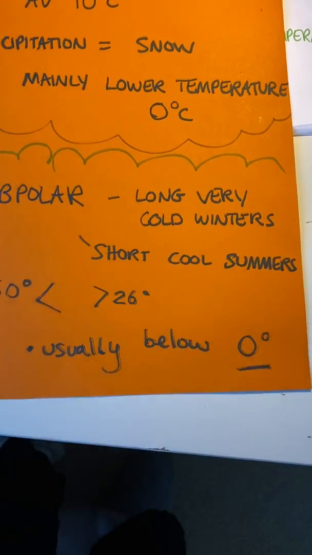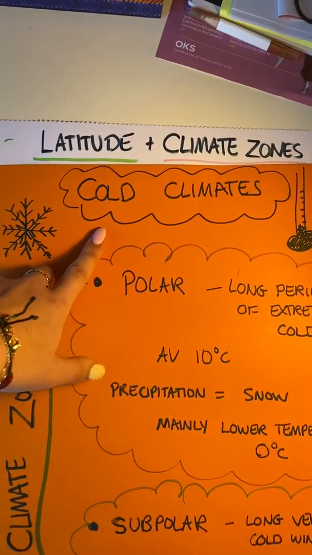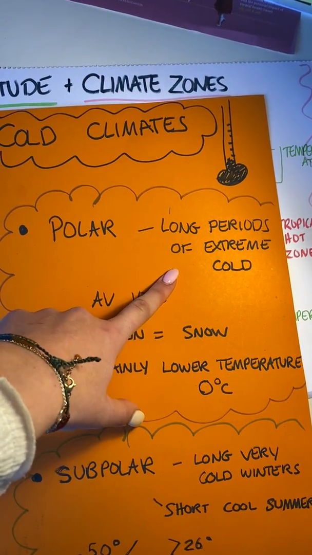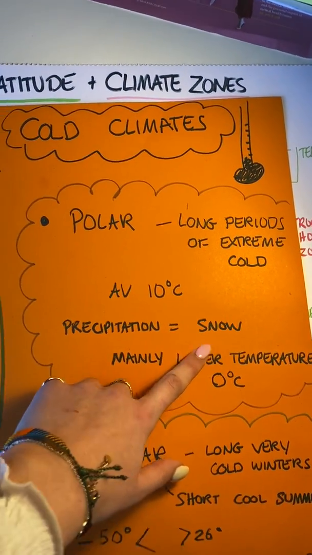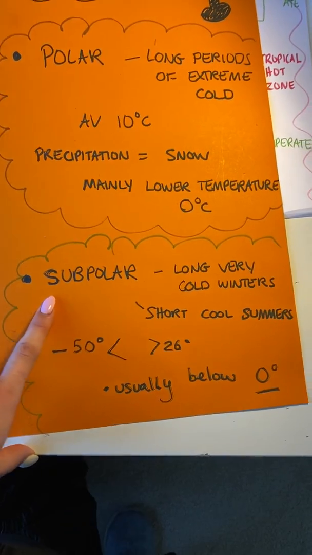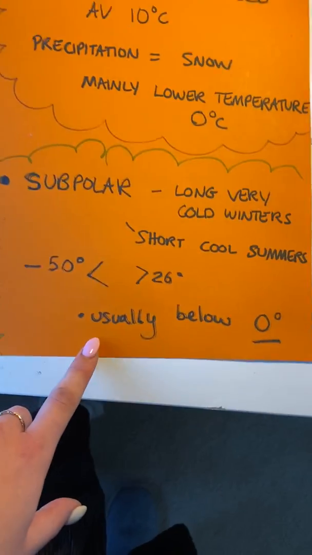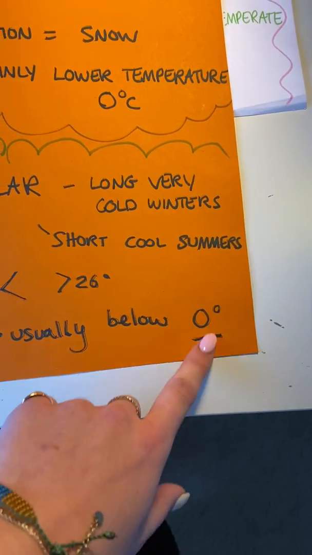How cold? So, we have two types of cold climates. Polar, long periods of extreme cold, and precipitation, usually snow. And subpolar, long, very cold winters, short, cool summers, and everything usually below 0 degrees.